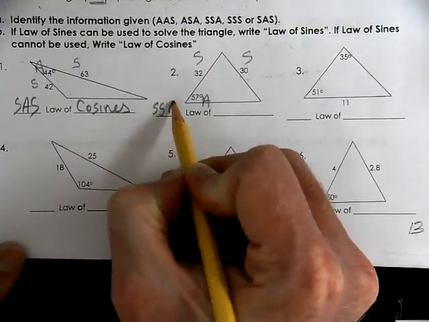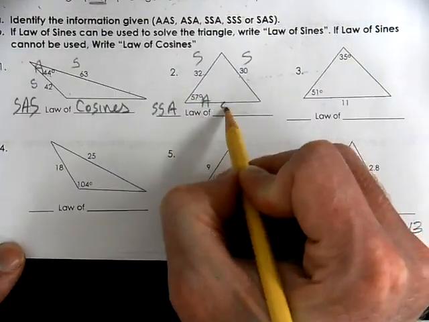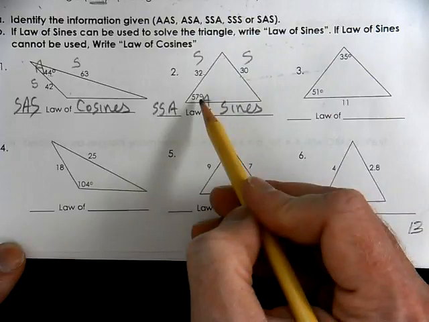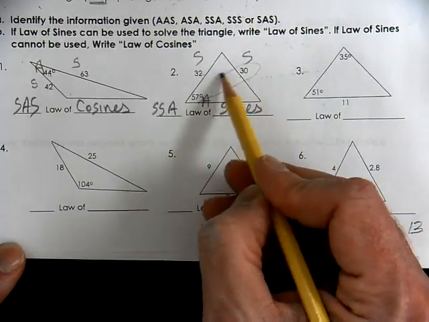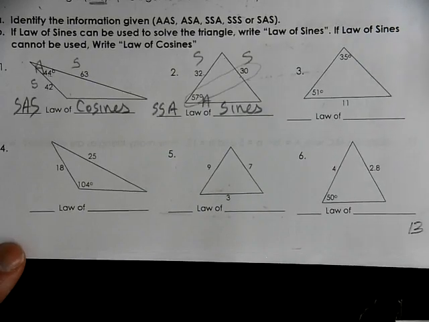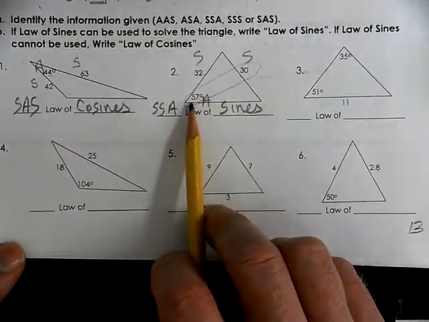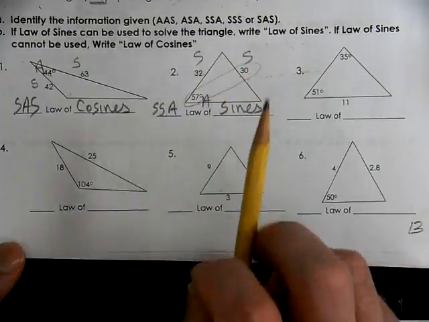So we typically would write that SSA, and we can use law of sines because I can connect my angle and the opposite side. We have one of the ratios for law of sines, so we can solve for any of the other parts.